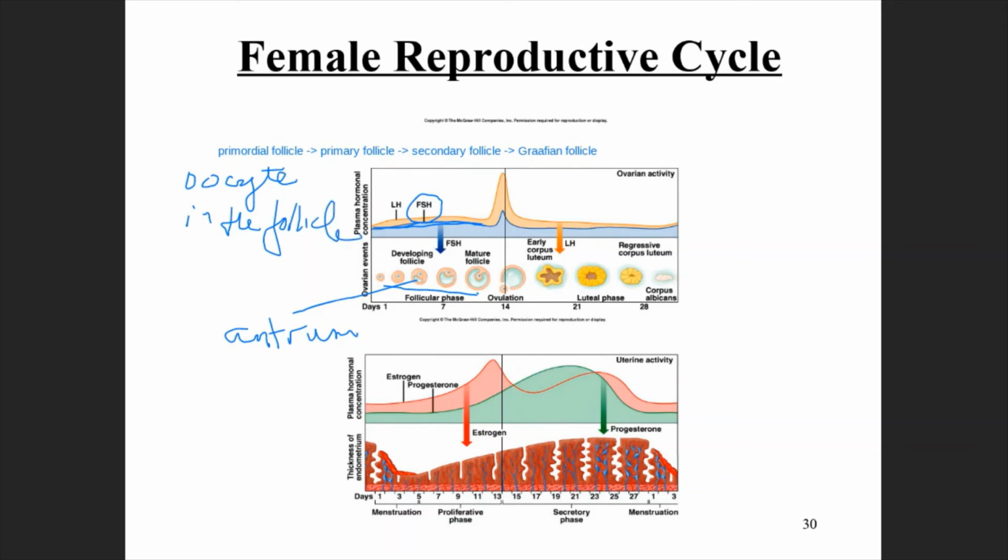So the oocyte is the cell that is involved in meiosis.